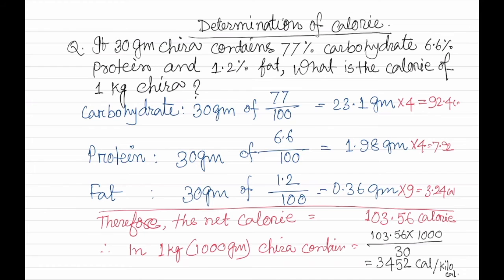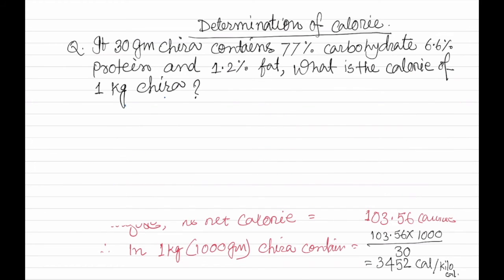The SI unit of energy is generally represented with the kilojoule. Now I am trying to convert kilocalorie into kilojoule.